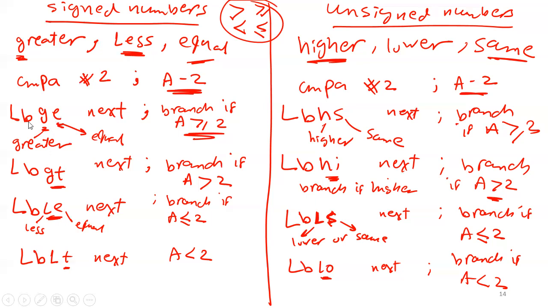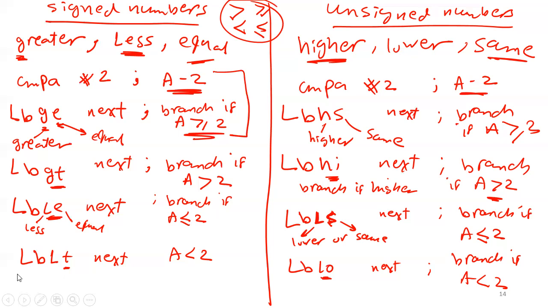So this one is going to branch if A is greater than or equal to 2. Is that okay? Here, branch if greater: this one is going to branch if A is greater than 2. Branch if less or equal. Less or equal. Okay.